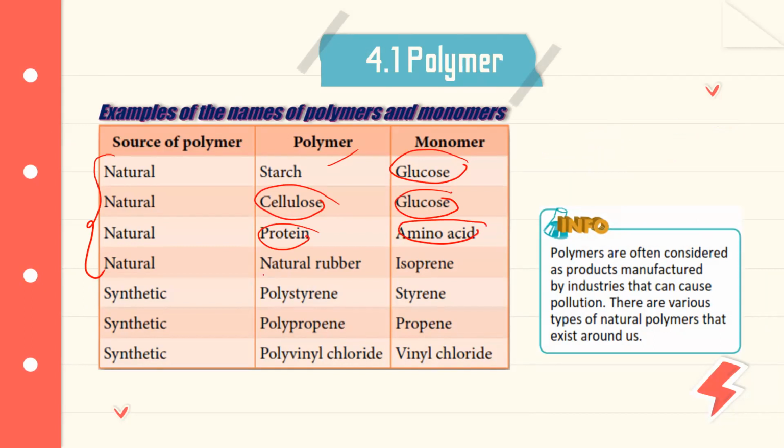And natural rubber, I'll teach you later. My monomer is isoprene. If you're writing notes, I want all of you to add on this one. Another name for isoprene is 2-methyl-buta-1,3-diene. That's why teacher has to teach you carbon compounds soon, because when you come to questions like this, some of you do not know how to draw them out or how to answer them.